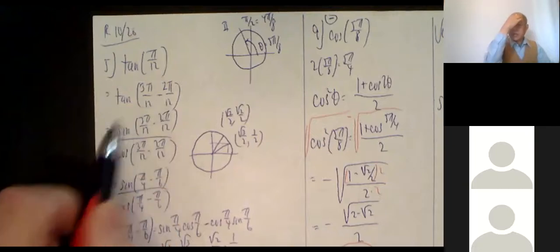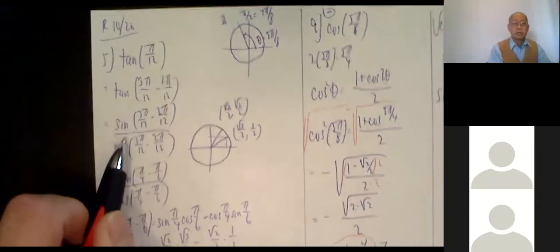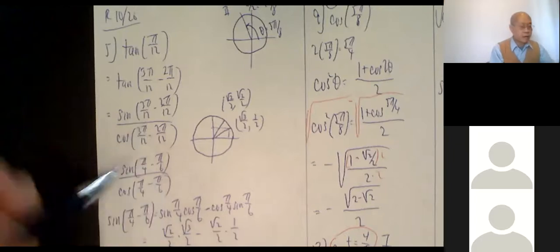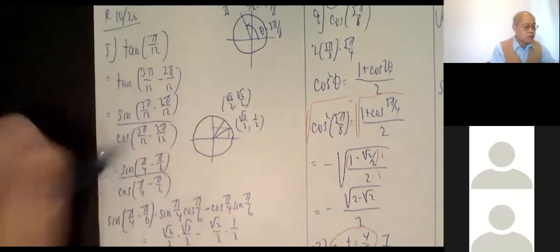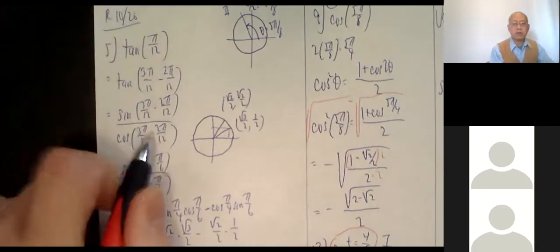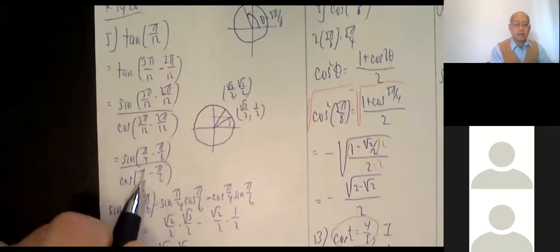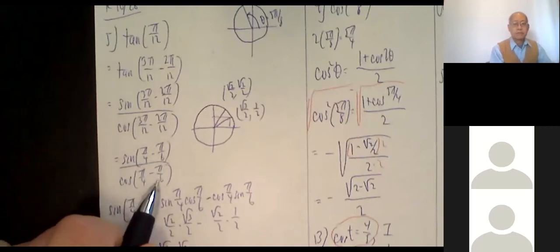Okay, and tangent is sine over cosine. So sine of 3 pi over 12 minus 2 pi over 12 divided by cosine of 3 pi over 12 minus 2 pi over 12. That's pi over 4 minus pi over 6. Pi over 4 minus pi over 6. Okay, so you have to use the formulas for each.